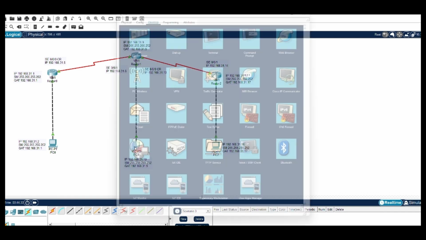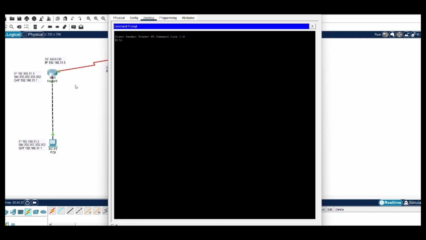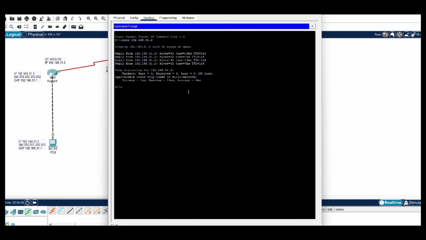Now we open the center computer. Let's ping first with this, then with computer C. Remember this is 2. And it's working perfectly.